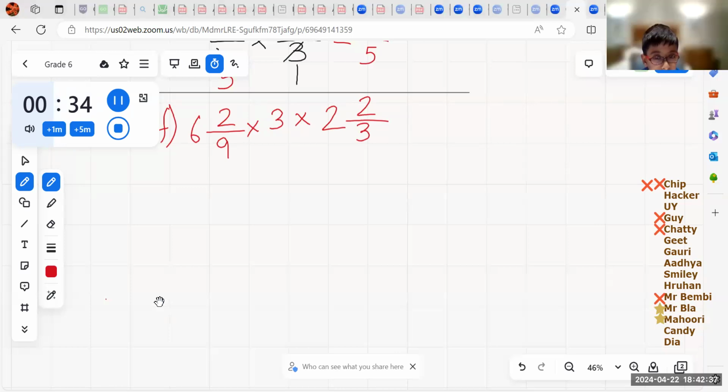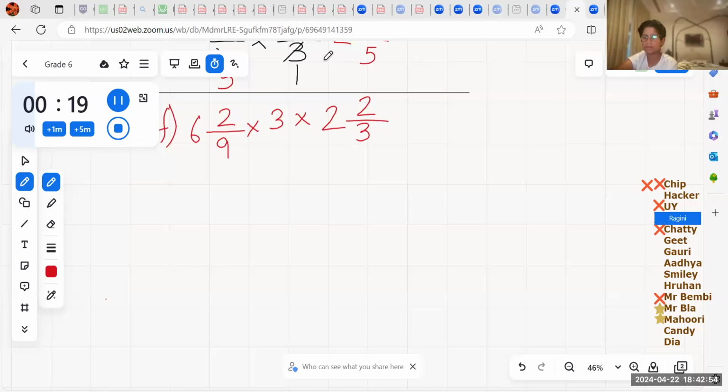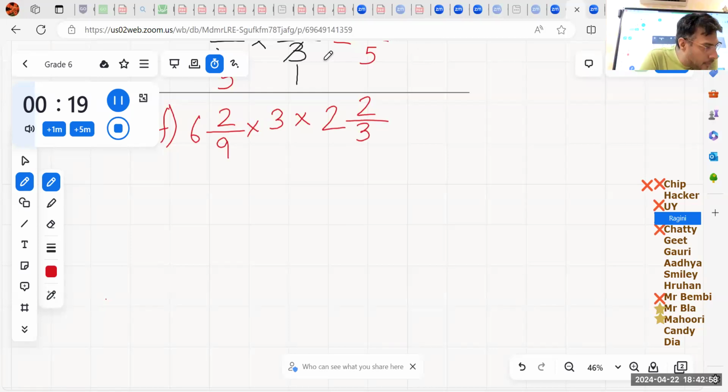Sir, I'll get it wrong. We have to send it in. Can we send it in improper? Wrong, definitely wrong. Or can we send it in improper? Yes, beta, you can send it in improper. Fine.